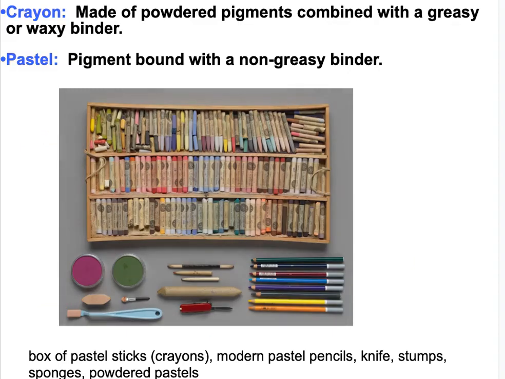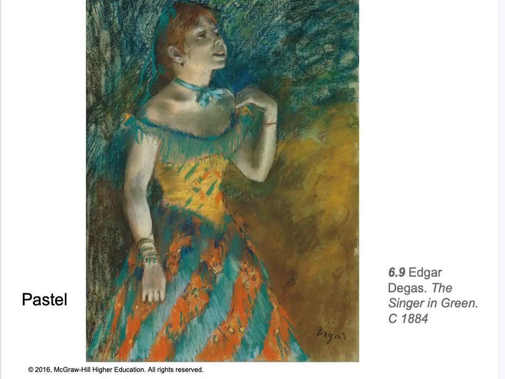This is by Degas, the Singer in Green, from the time period called Impressionism. You might look at this and say, well, that's a painting, right? It looks like a painting. But it's done using these stick forms of pastels, which is really just pigment in a binder, and you're making marks with it. So it's technically in the drawing category.